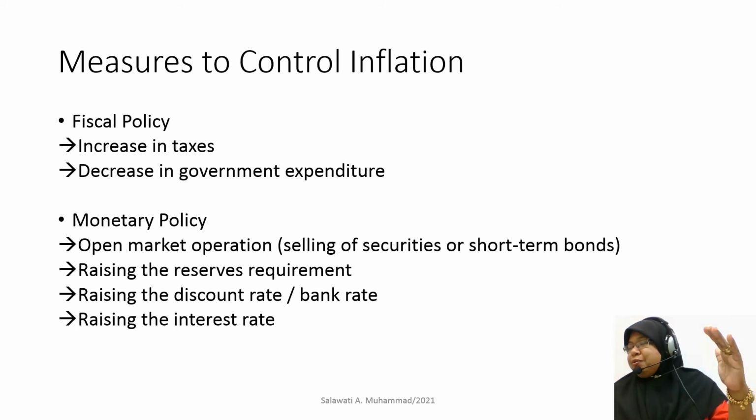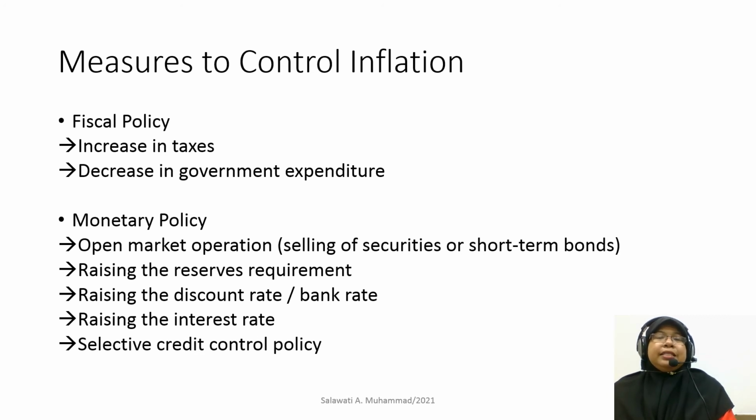The high rate of interest will attract and encourage more people to save, and this will increase the level of savings. Next is selective credit control policy. This will take the form of issuing directives to commercial banks prohibiting them from lending against certain commodities or reducing the total credit limit granted to the public.